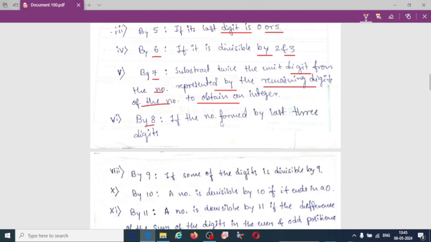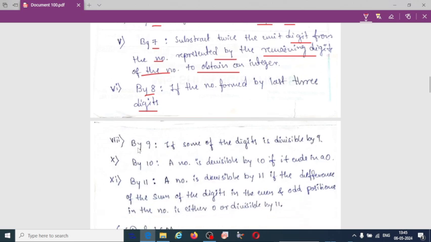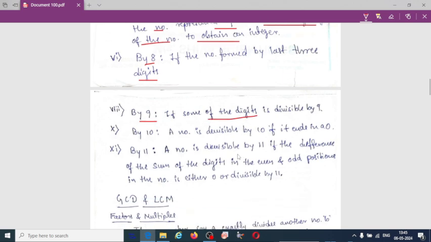By 8, if the number formed by the last 3 digits is divisible by 8, then it is divisible by 8. By 9, if the sum of the digits is divisible by 9, then it is divisible by 9. A number is divisible by 10 if it ends with 0.